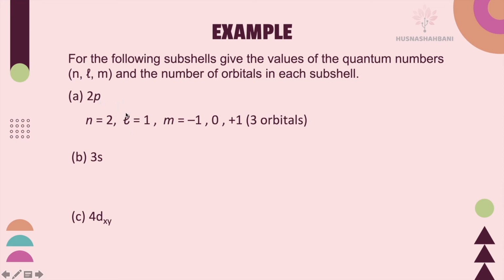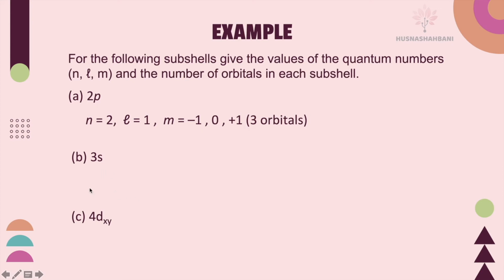If l is equal to 1, m must be from negative l to positive l. So our l is 1, m is negative 1, 0, positive 1. The total number of m values produced from l is 3. So the p subshell has 3 orbitals.